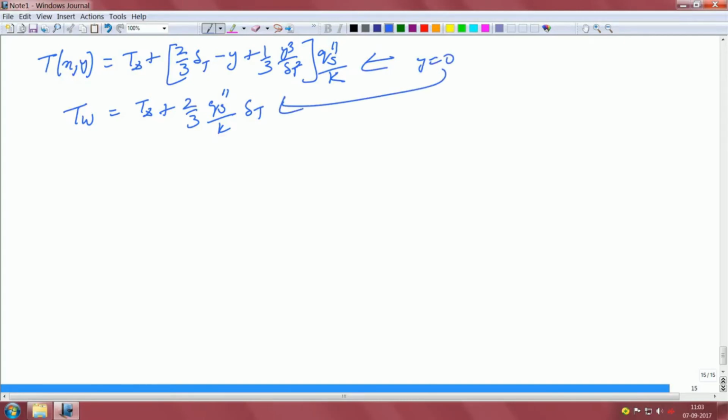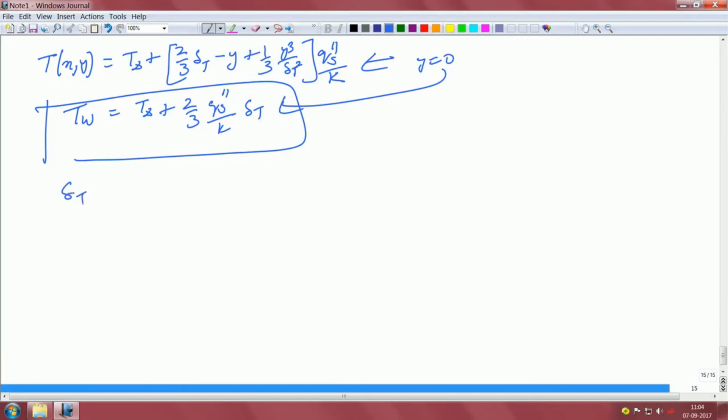So, based on these two expressions, you are now in a position, because your wall is taken care of, you know what your wall temperature is going to be. Now, what you have to do is substitute this expression in the parent equation and see what the final number will be.